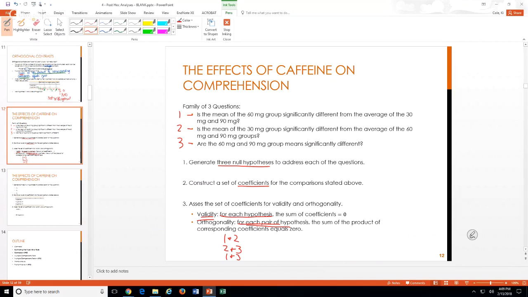Okay, the third one. Mu of 60 equals to mu of 90. so we add mu.